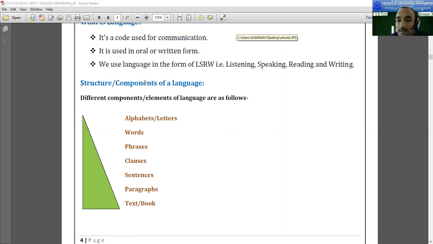We need to know the structure or components of that language. So what are the different components of any language? We can also call them elements of language.